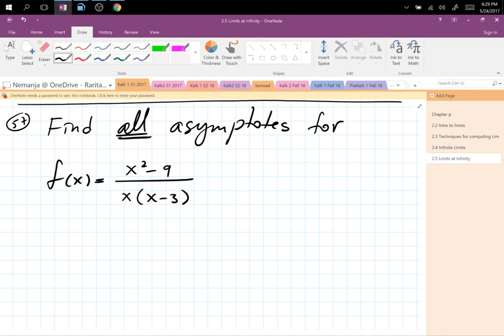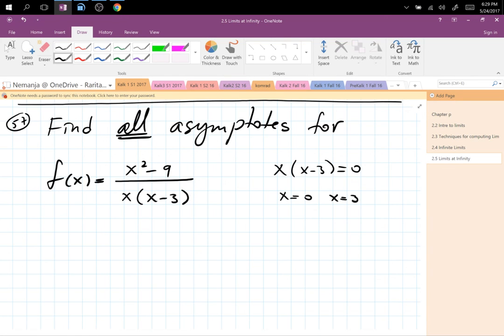There's some time. All right, so do we all see an asymptote at 0, vertical? So we start with x times x minus 3 equals 0, so x equals 0, x equals 3. Those are our candidates for vertical asymptote.